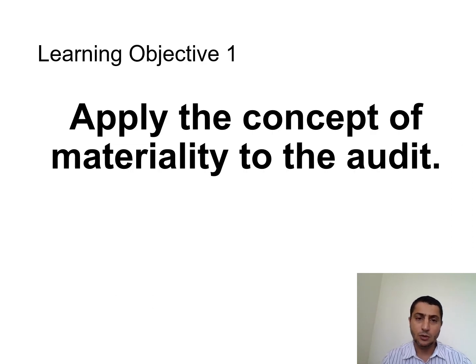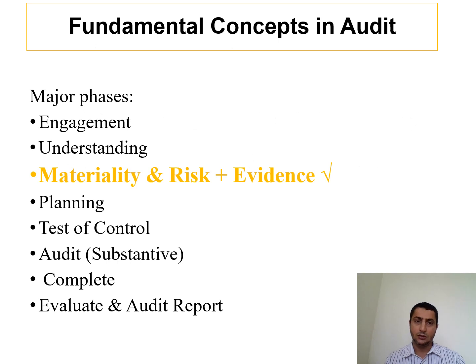So the first objective for this topic is applying the concept of materiality to audit. If we recall, in chapter 1 we discussed the fundamental concepts in auditing and the breakdown of the phases in auditing.